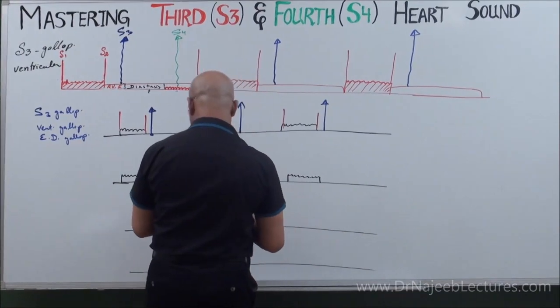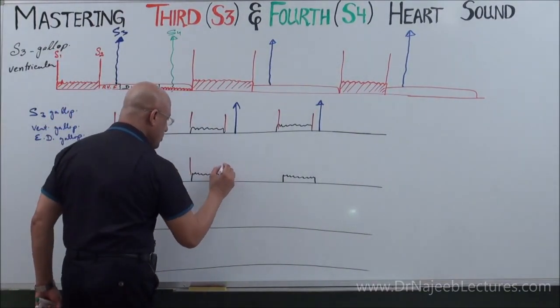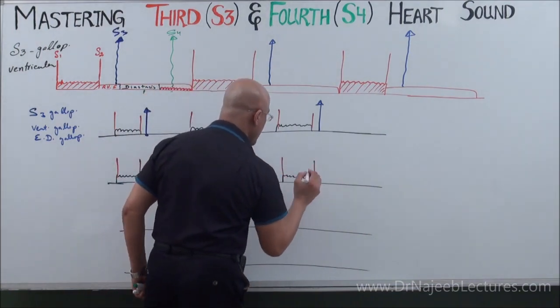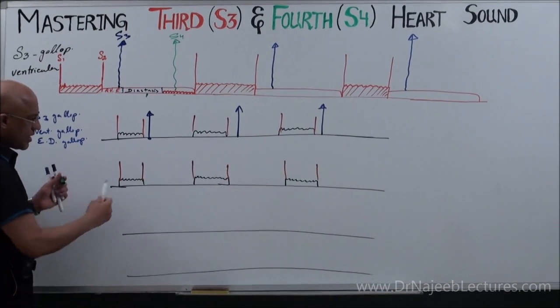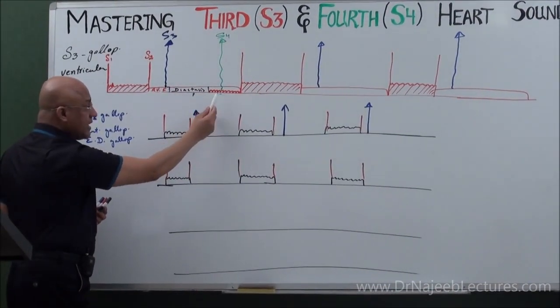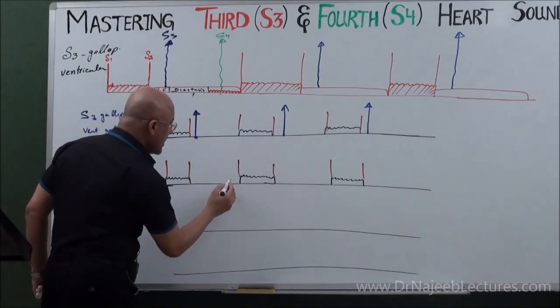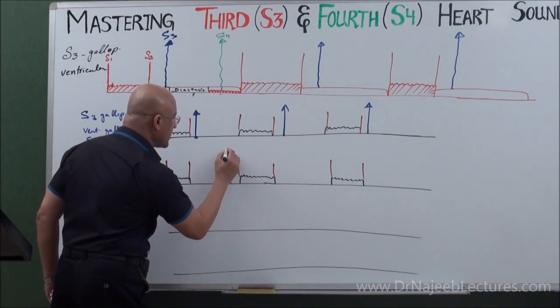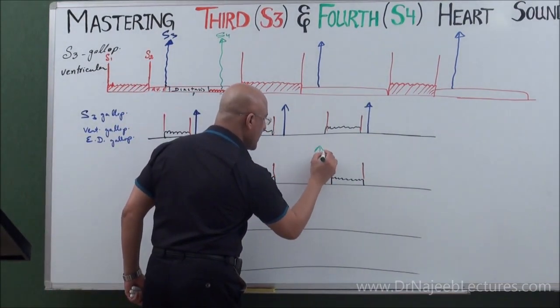In the last part of ventricular diastole, the atria contract strongly, so they have to strain against the stiffened ventricle, and an additional sound is produced. What is this sound? S4. S4, right? This is S4.